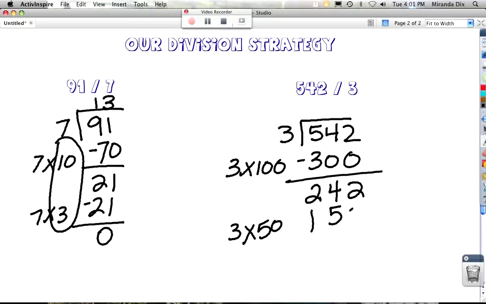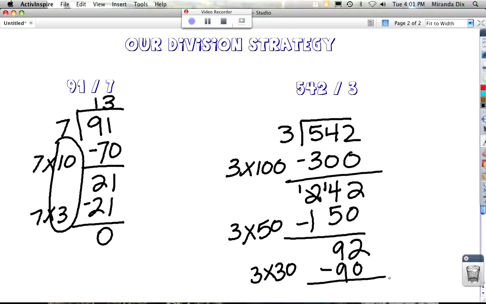So the problem now is 242 divided or subtracted, take away 150, which leaves me with 92. At this point, I need to keep subtracting groups of 3. I know 3 times 30 is 90, so that's a really great place for me to start.